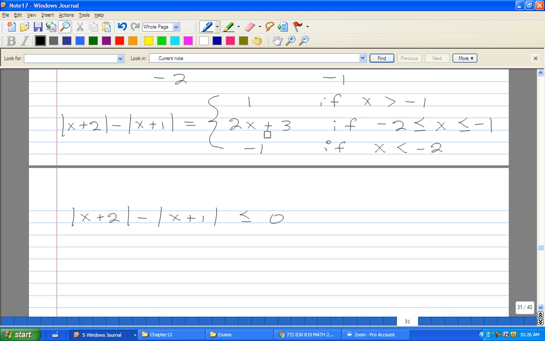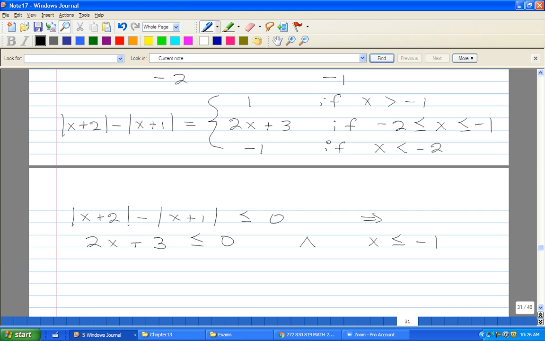But I want to see when it's true for values between -2 and -1. And so this implies that 2x plus 3 has to be less than or equal to 0. And x is less than or equal to -1. Otherwise, this is not going to be a true statement.